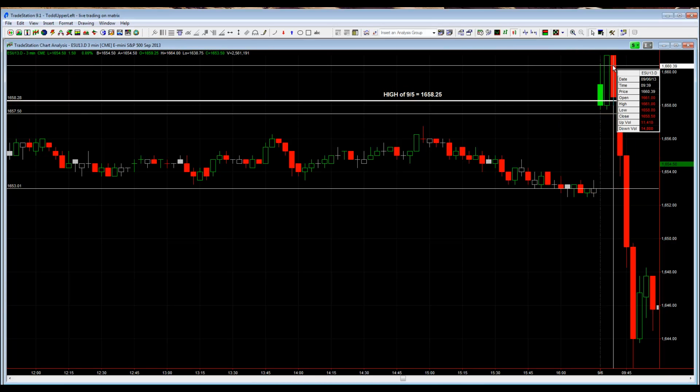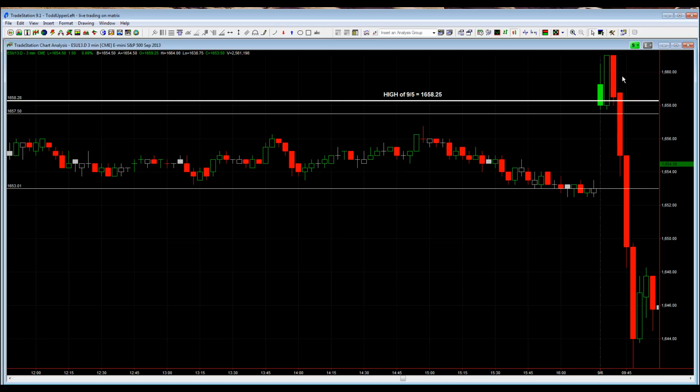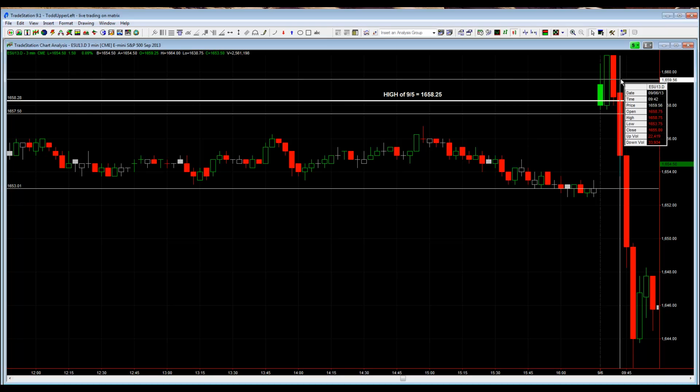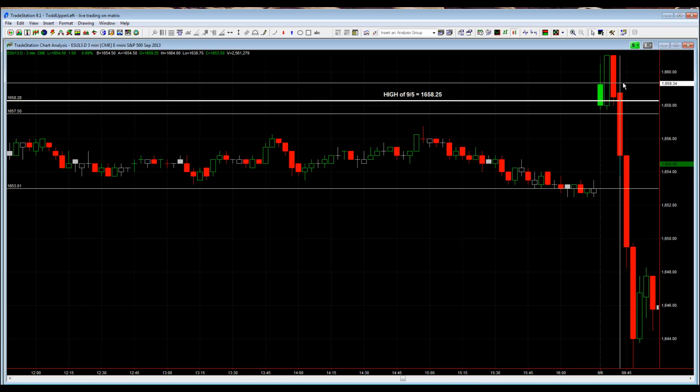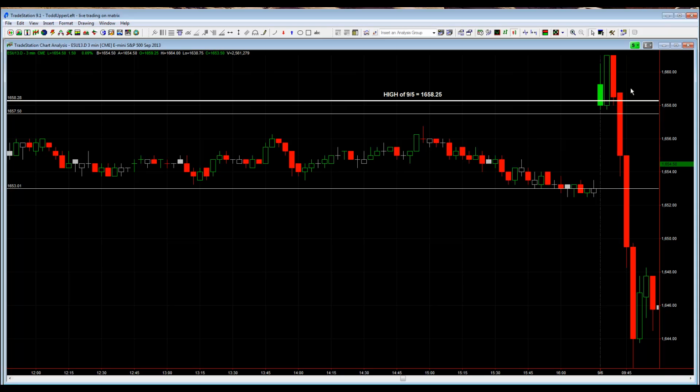The initial stop was 1661 and a quarter, above the high of the day. Then as soon as the bar that got you short closed at 1655, you move your stop down to above the high of that bar, which was 1658 and 3/4. You'd move it to 1659 and a quarter.